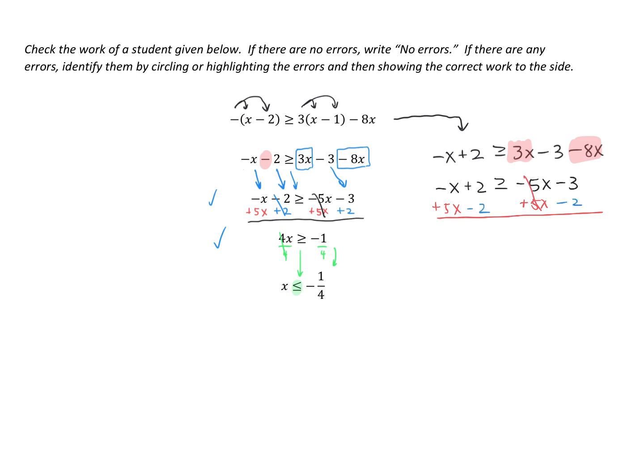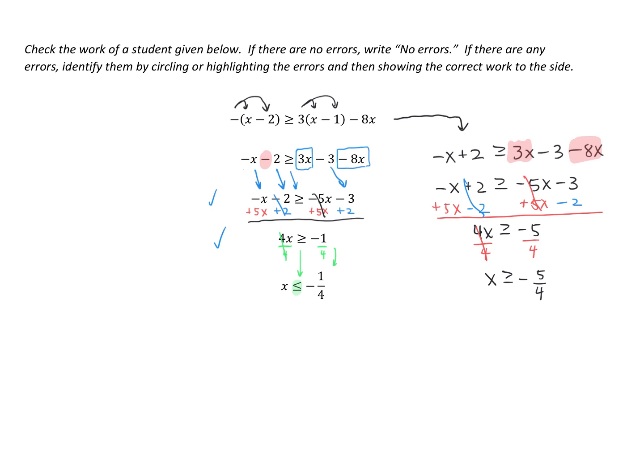Now notice in this step they added 2, and that's because they had the wrong sign on that 2. So we will have 4x is greater than or equal to negative 5. And then in our case, we will need to divide by 4, and we'll get x is greater than or equal to negative 5/4.